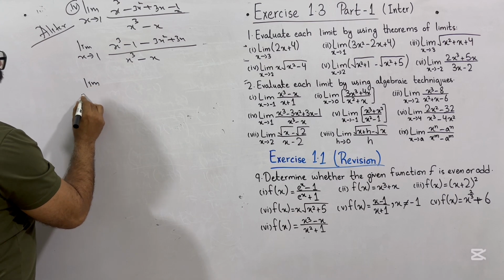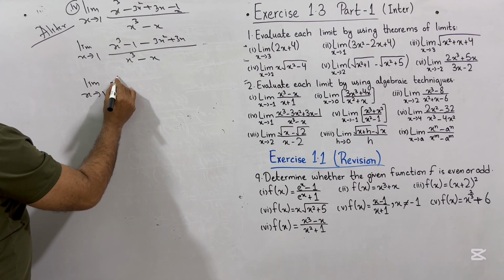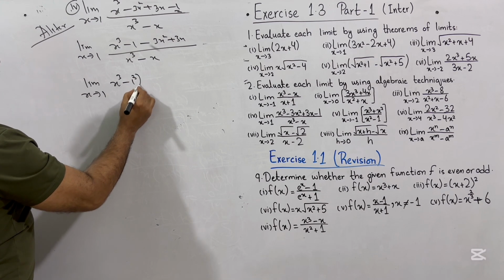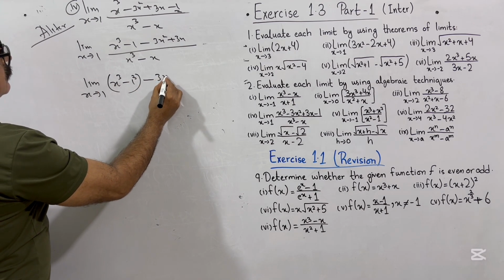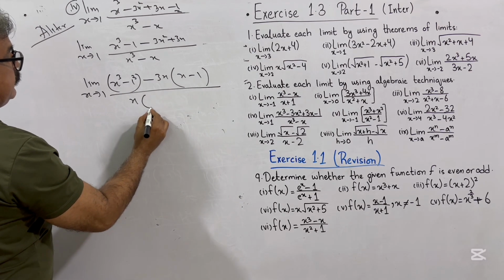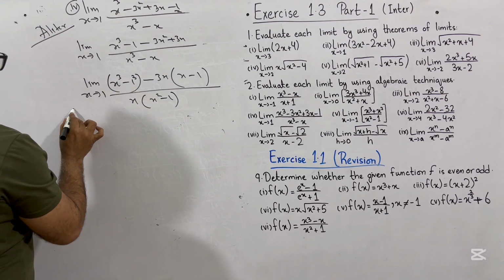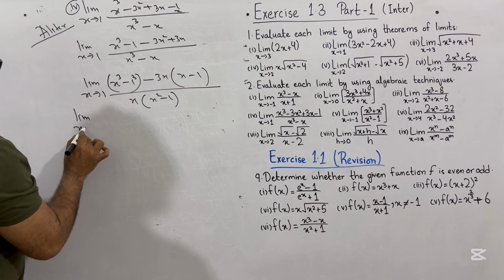We have already checked the denominator is 0 in that case. If x tends to 1, it can be written as x cube minus 1 cube. Minus 3x common, what remains? X minus 1. Overall x common, we have x square minus 1. Apply the cube type formula. Limit x tends to 1.